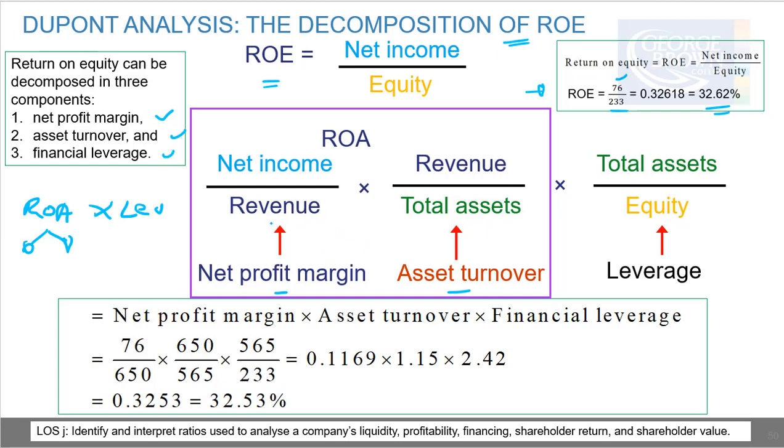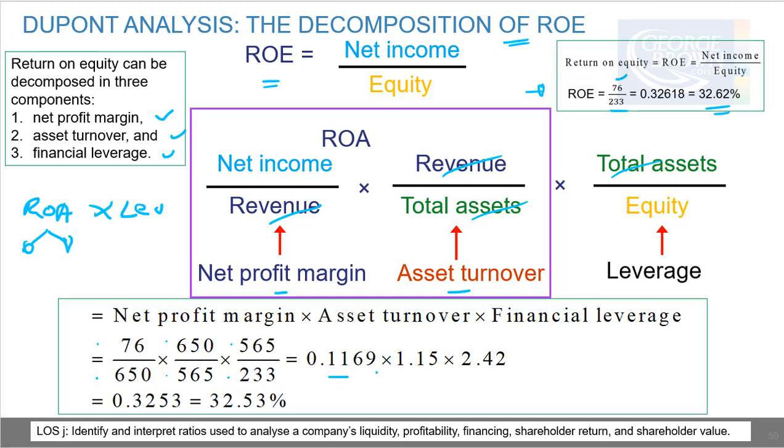Again, if we scratch out the revenue to revenue, assets to assets, you can see we're back to net income divided by equity with my color coding. So ROE: net income, 76 million, divided by revenue, 650 million, times revenue over assets, 650 million over total assets 565, times our leverage, which was total assets 565 divided by equity 232.